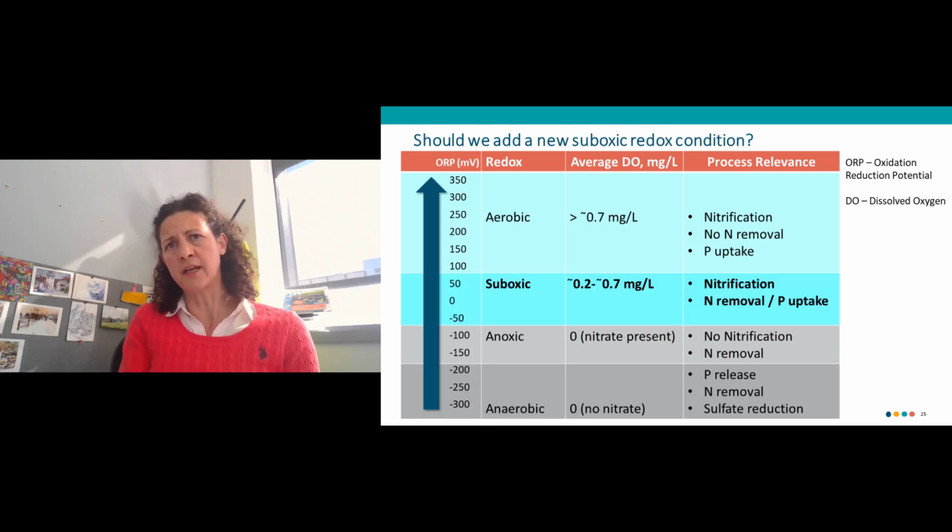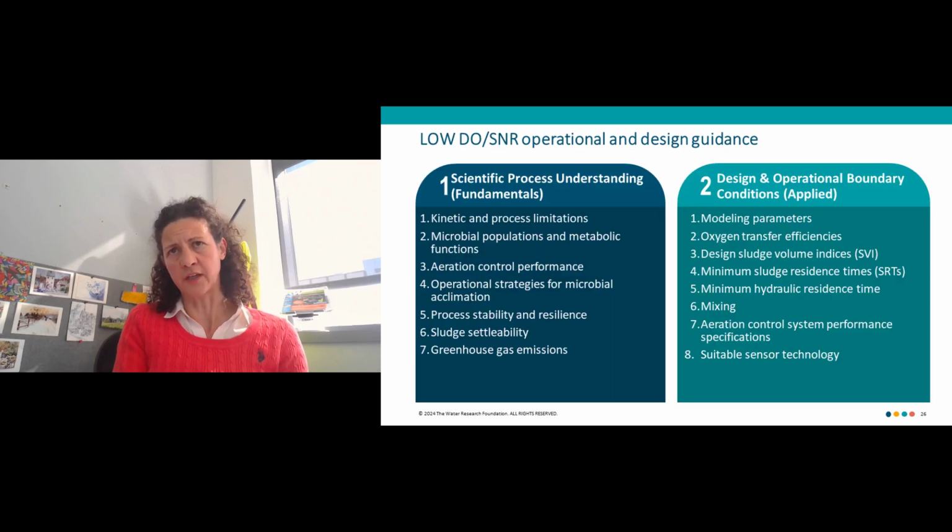And so we're postulating that there is actually a new or an additional redox condition that happens in the low DO range. Here, operationally, we define it at 0.2 to 0.7 milligram per liter. And that refers to the average DO in the aeration basins over the course of the day, that if you're staying below that, biology seems to adapt and find a new equilibrium for nitrification.